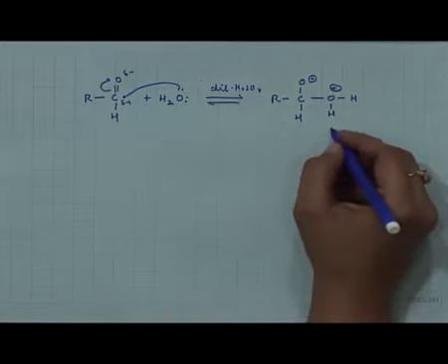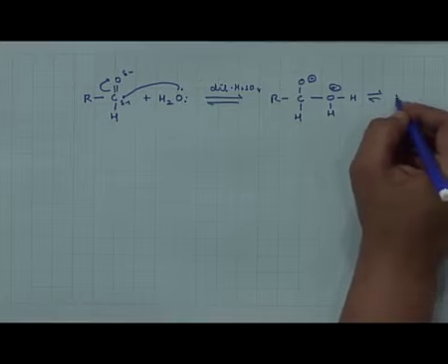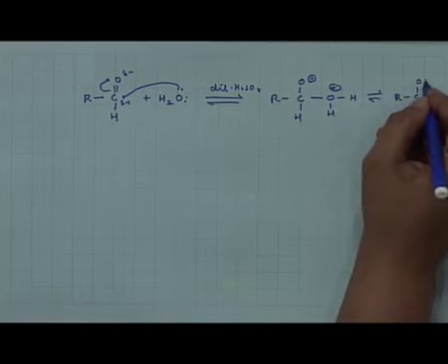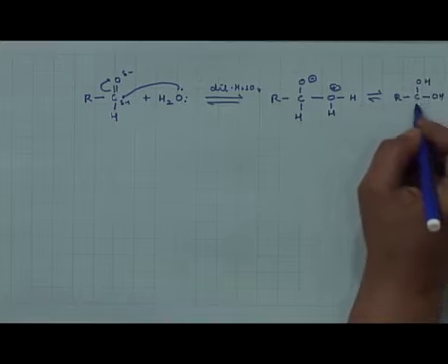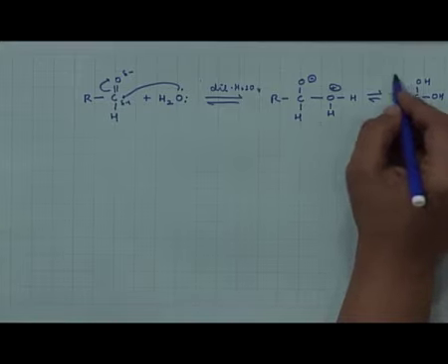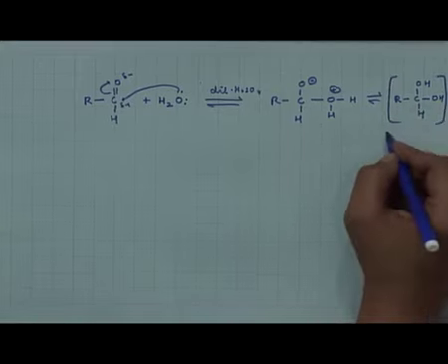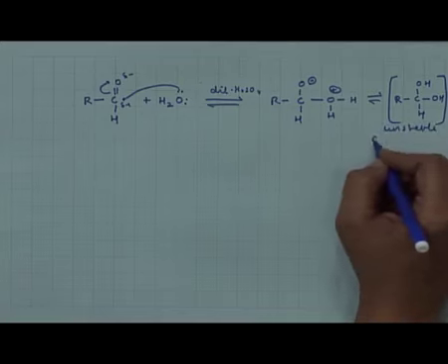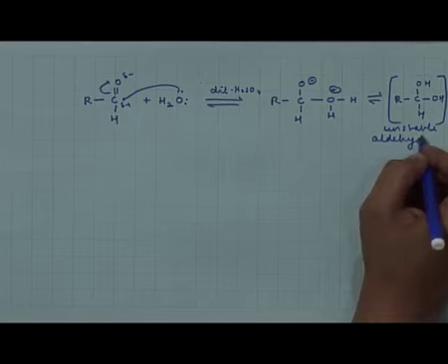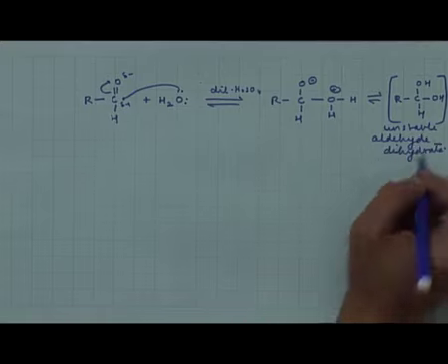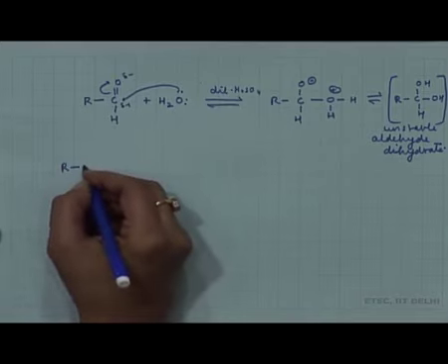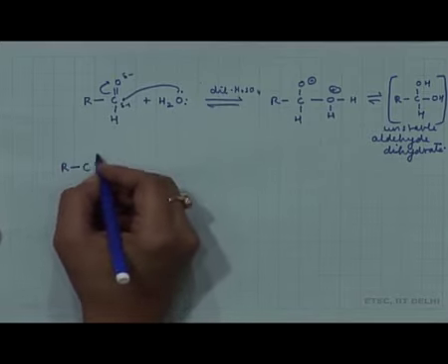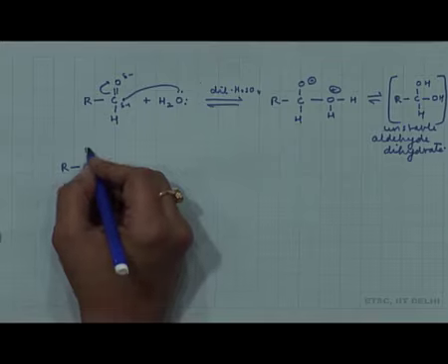You get this intermediate, and you can also rewrite this as this intermediate, which is an unstable aldehyde dihydrate. Okay. So, it is an aldehyde dihydrate which is formed when the aldehyde is there under acidic aqueous conditions.